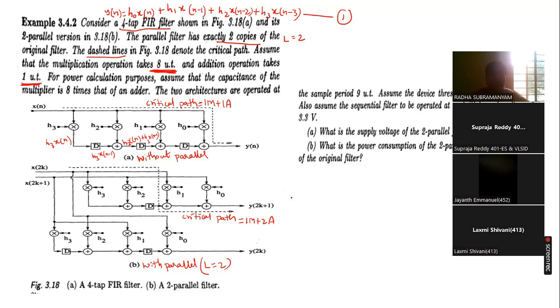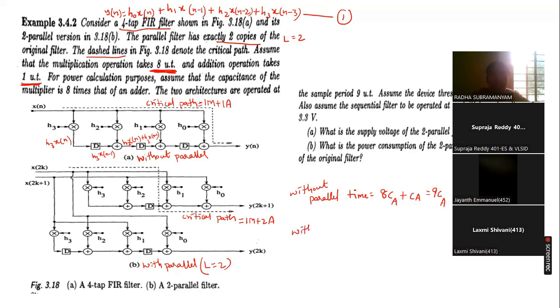Now without parallel processing, the total time in the critical path: first diagram, one adder and one multiplier, so 8 times the adder computational time plus 1 time the adder, a total of 9 times the adder computational time.